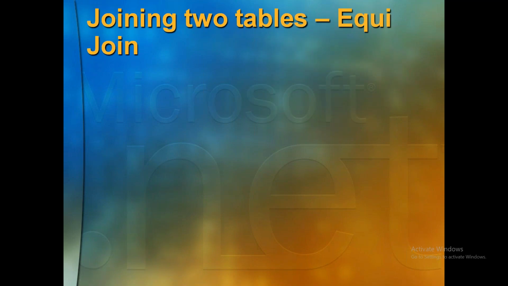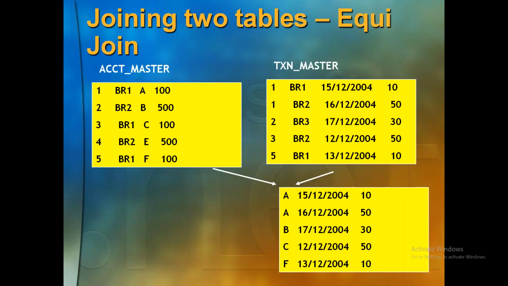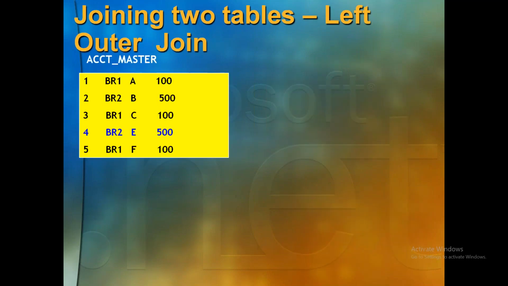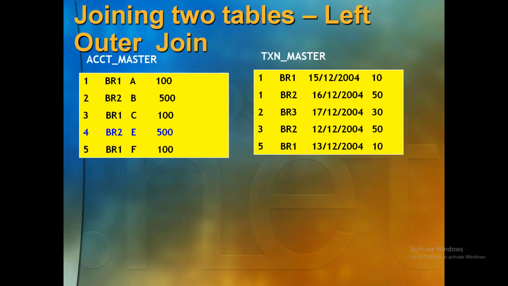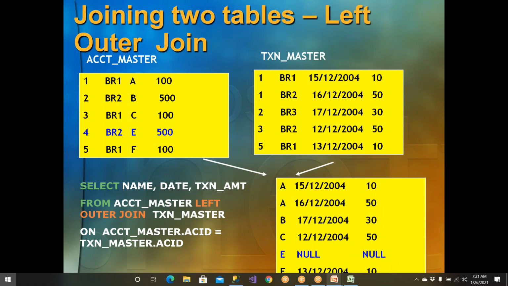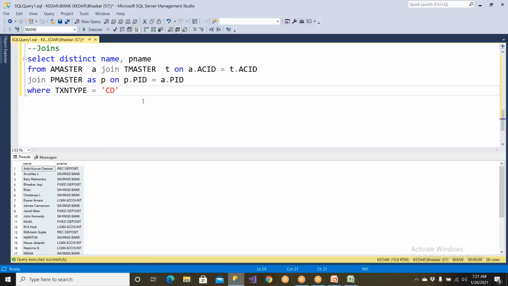Now, joining two tables, we discussed all these things, right? Left outer join, full outer join. So if I wanted to use two tables with the left outer join, what will happen?